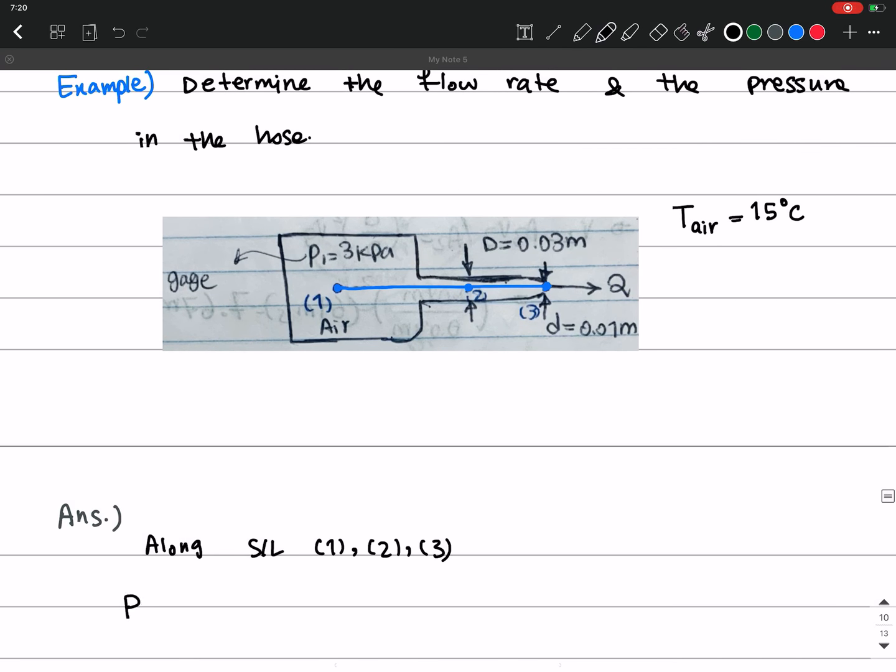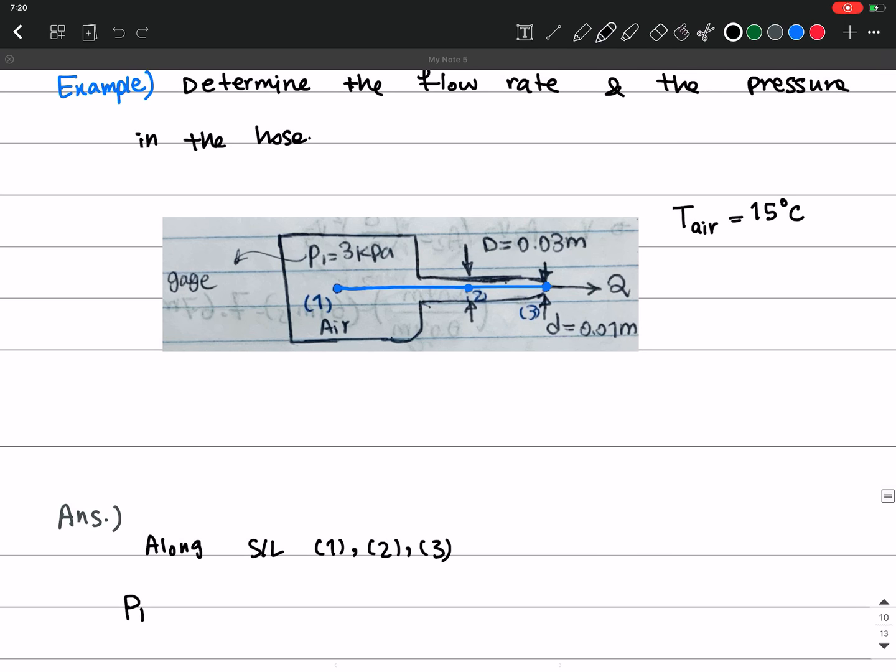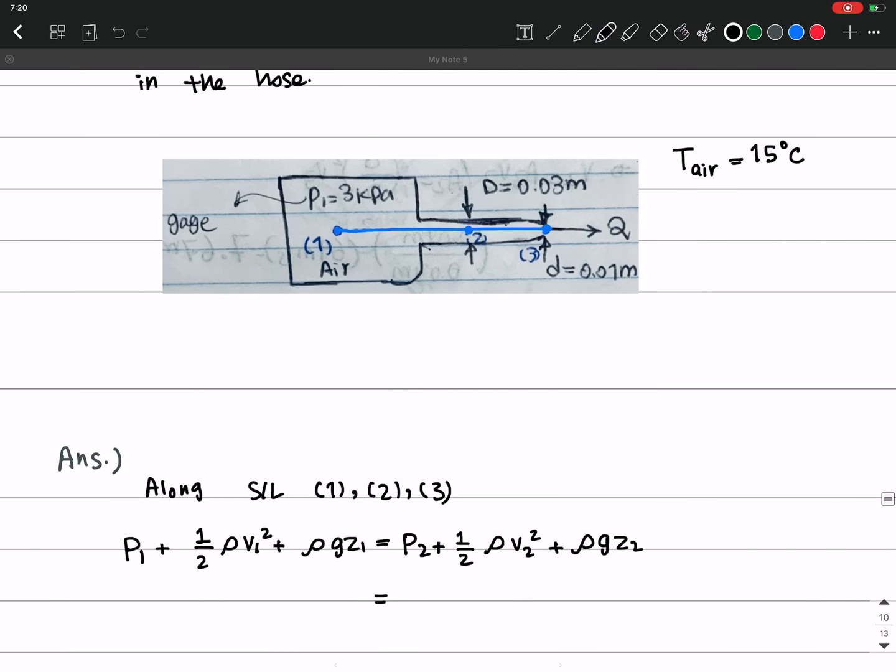So the Bernoulli equation, the pressure form of that, is going to be P1 plus 1/2 rho V1 square plus rho g Z1 equals P2 plus 1/2 rho V2 square plus rho g Z2, and this equals, because they are all in the same streamline, this quantity is going to be constant along this streamline, so I can also write it for P3.